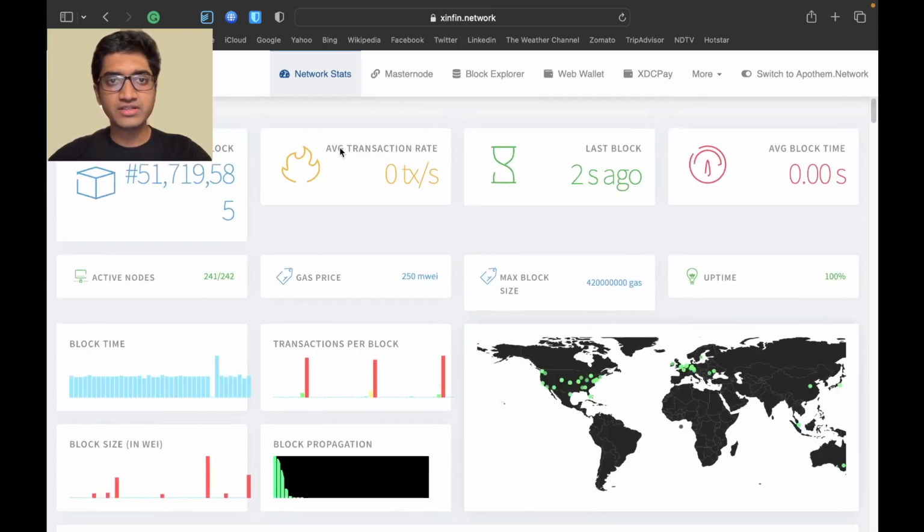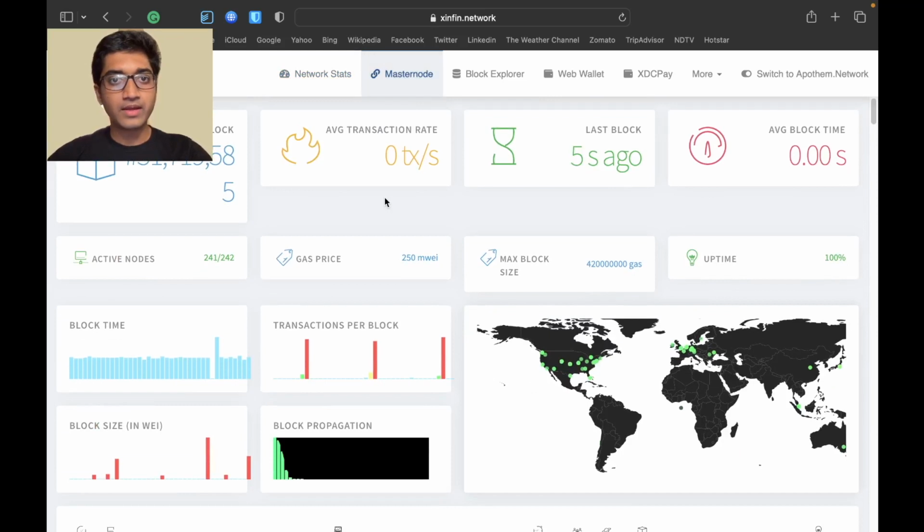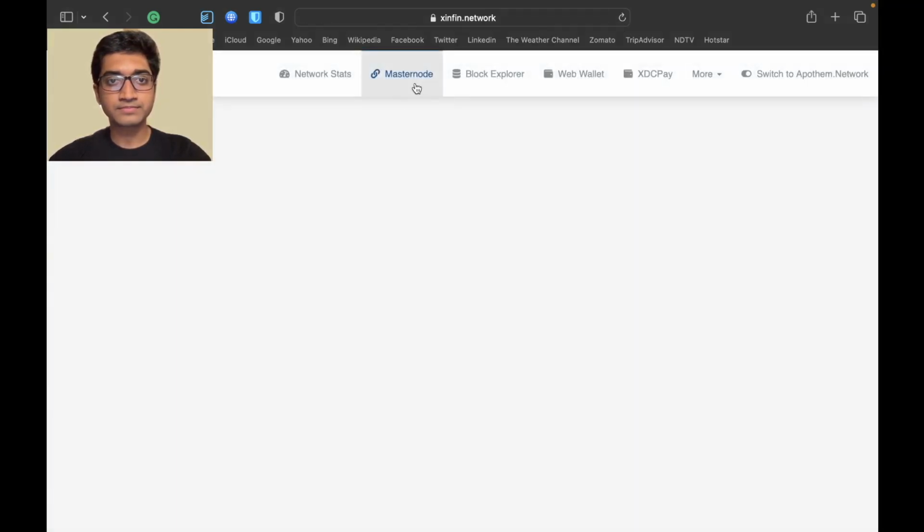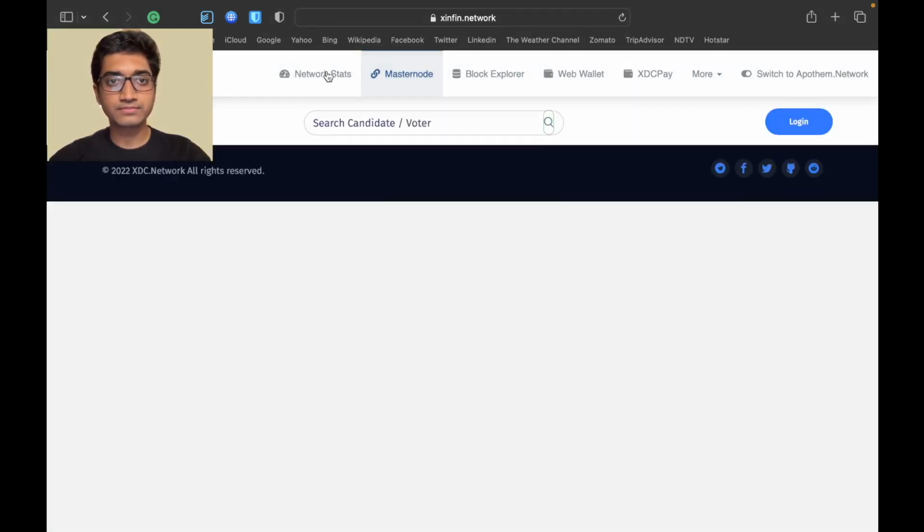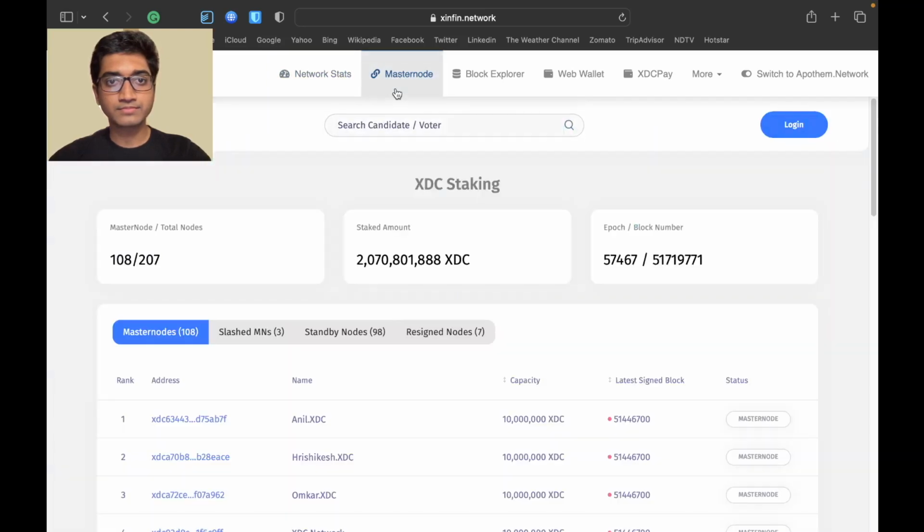Speaking of the validators, let's look at the Masternode tab. Again, this Masternode tab will take a second to load. So once the Masternode tab on the status dashboard has loaded, you can see that it shows you all of the status of the blockchain at a bird's eye view, where it shows the 108 masternodes, as we had discussed in a previous video, that XDC has 108 masternodes at any given time.